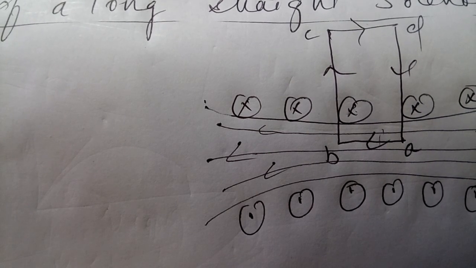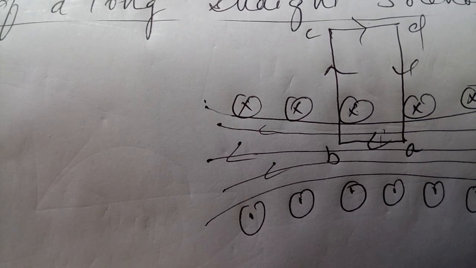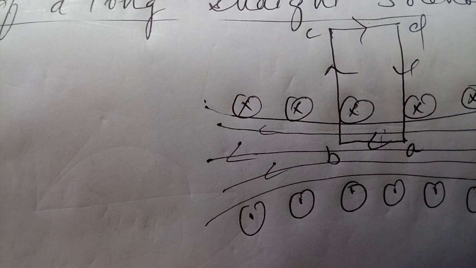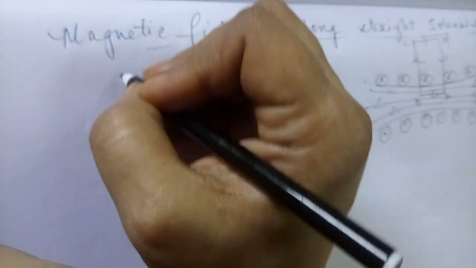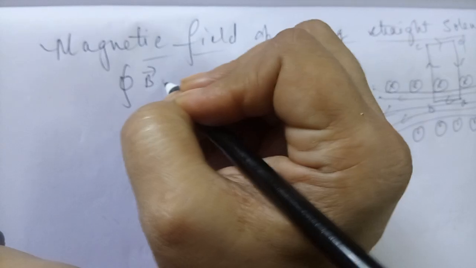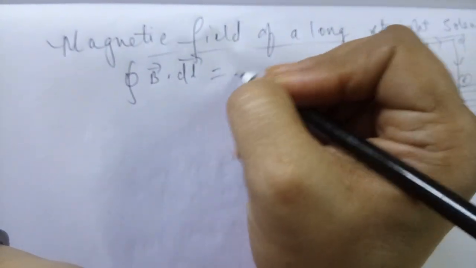You can see one line integral will be from A to B, the second from B to C, the third from C to D, and finally the last one from D to A. So we will be applying Ampere's circuital law. What is Ampere's circuital law? We all know that the closed integral of B vector dot dl vector equals mu0 times the total current passing through it.